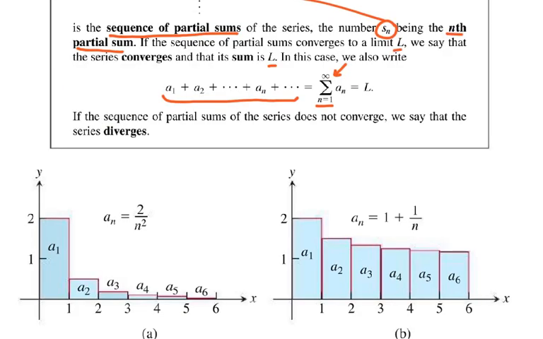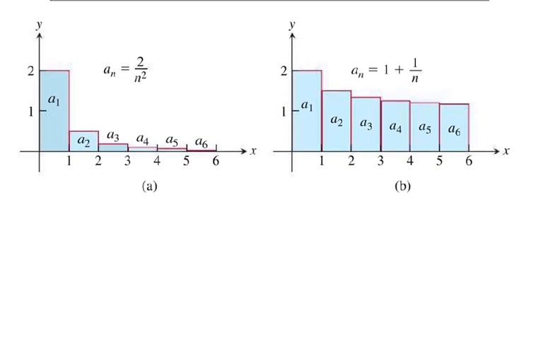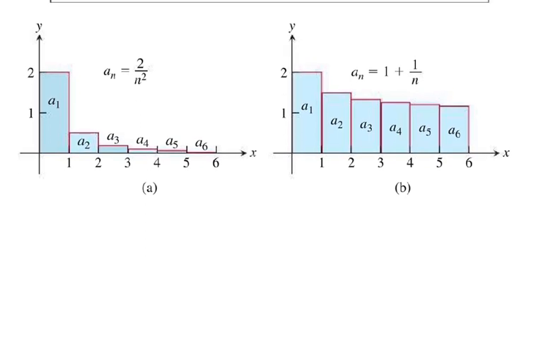And so I've pulled in two pictures here that help us think about what we're looking at. The sum of a series of all these positive terms could be interpreted as a total area of an infinite collection of rectangles.